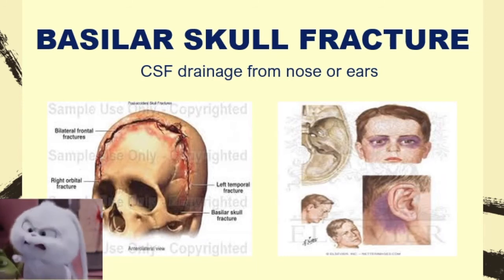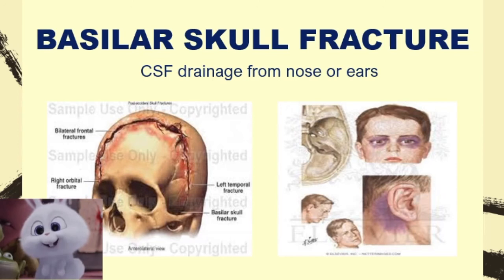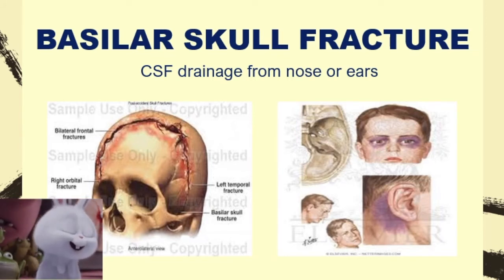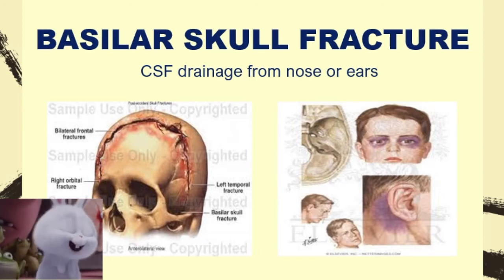Now, how will I know that the fluid leaking from the ears and the nose is not the runny nose fluid, not your regular ear secretions, but CSF? Class, we have what we refer to as your halo sign. If you drop a drop of that CSF fluid leaking from the nose of your patient, you will observe that there will be halos surrounding the drop.